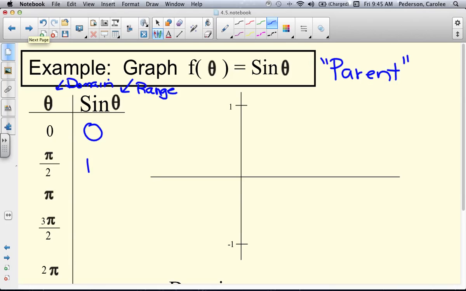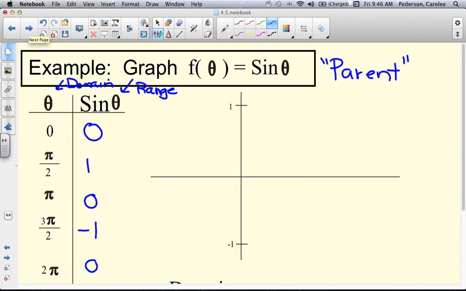The sine of pi. The ordered pair there on the unit circle is -1, 0. So what is the evaluation of sine of pi? 0. Okay, we've got 2 more left. The sine of 3 pi over 2 down at 270 degrees. -1. And then the sine of 2 pi back to the starting point.